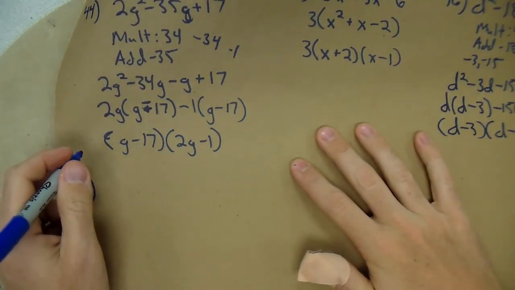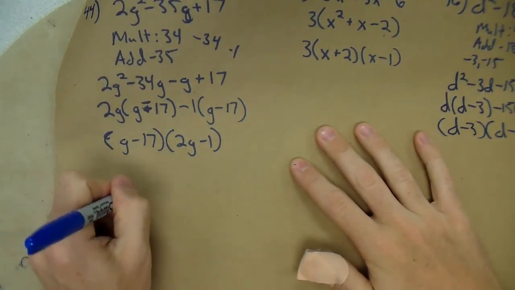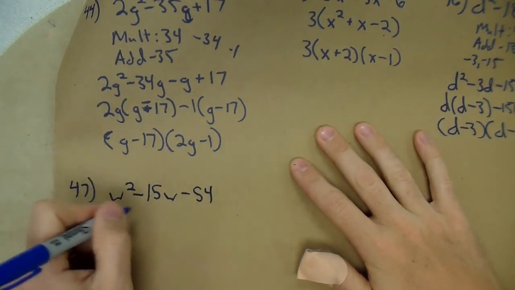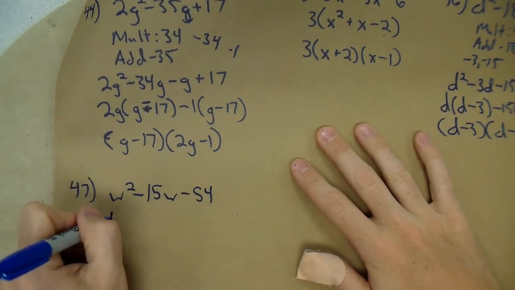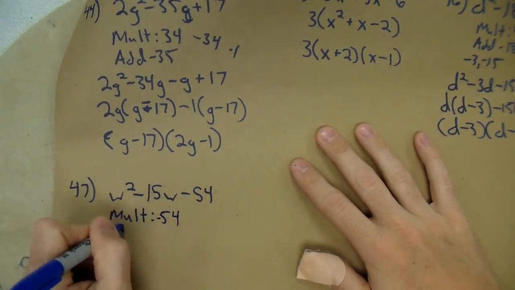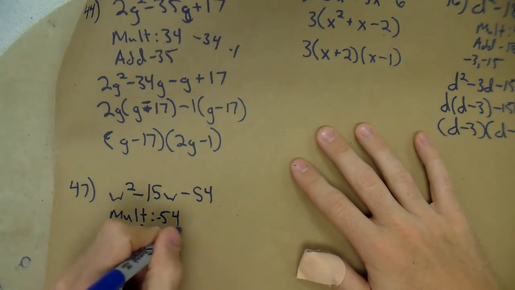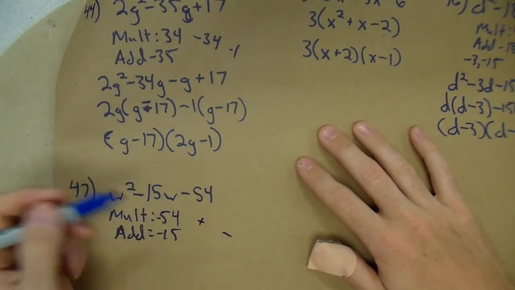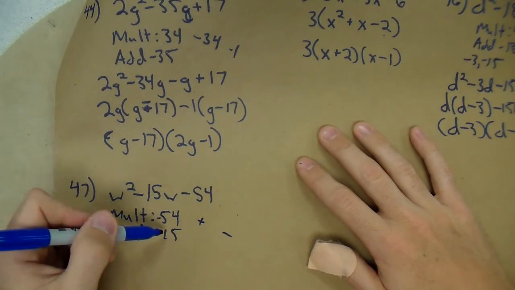47, we get w squared minus 15w minus 54. For 54, we know is 9 times 6, but I need one to be positive, one to be negative, so that's not going to work. 18.